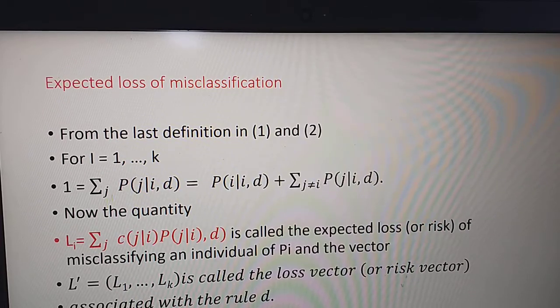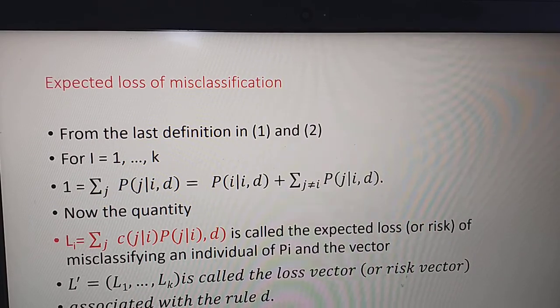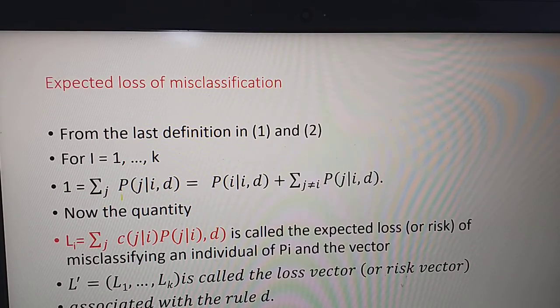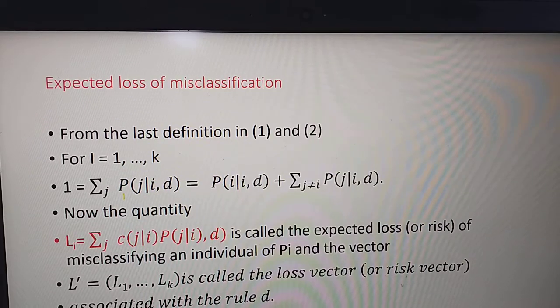So if you sum all the probabilities, then this should be equal to unity, because you have to classify the individual A into one of the k populations for sure.